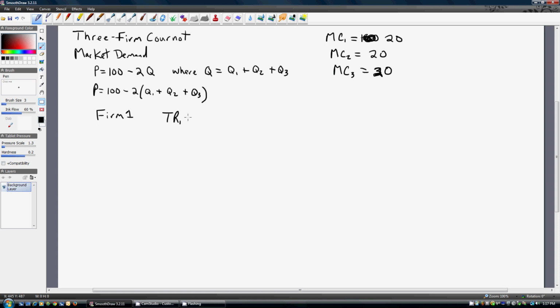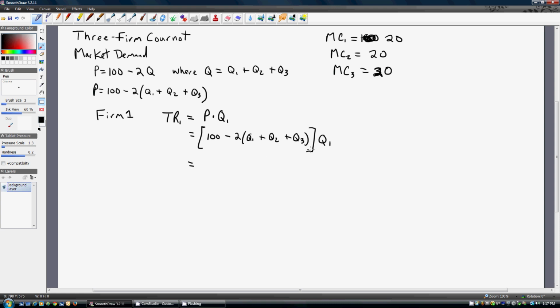where the subscript represents firm 1, total revenue is price times its output, firm 1's output. Let's substitute in for the P term. So we get 100 minus 2 times the output of firm 1 plus the output of firm 2 plus the output of firm 3. Okay, so just substituting in for P, and then this is again multiplied by firm 1's output.